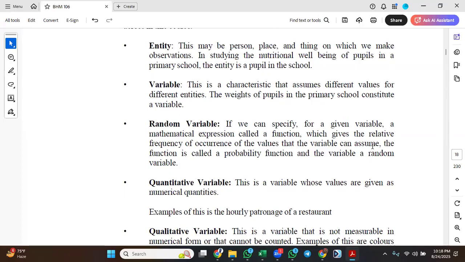And then, let's say the minimum we can get, maybe because of crèche and the rest. No, we are not even talking of nursery, primary school only. Let's say the minimum we can get is maybe 0.1, for instance. Let's just say 0.1. It means that if we want to give a mathematical expression, we say that this variable we are working on, all the possible, what do you call it now?